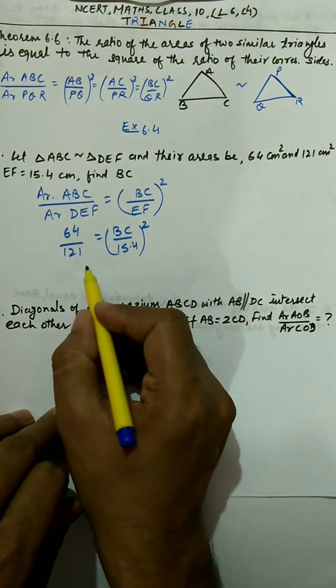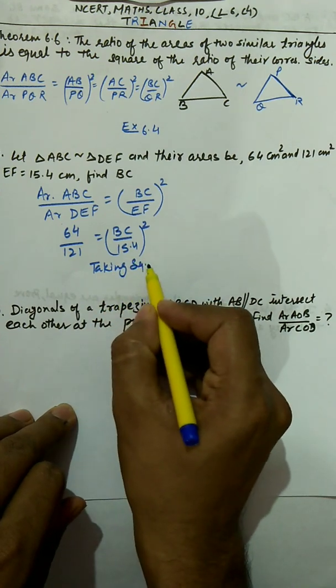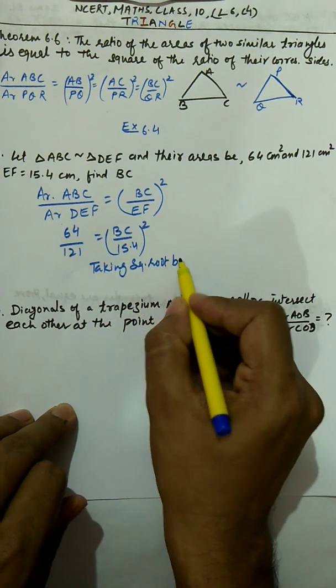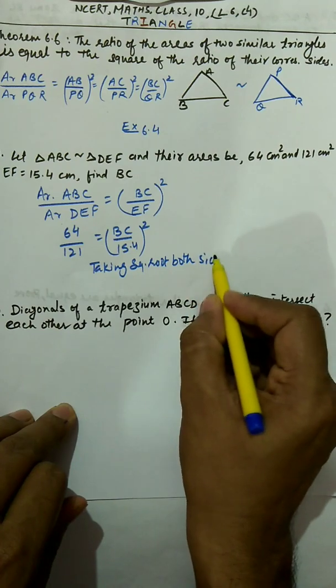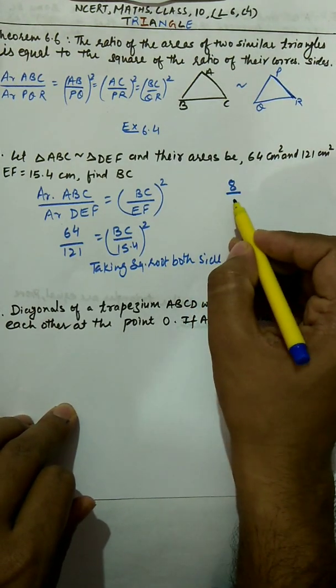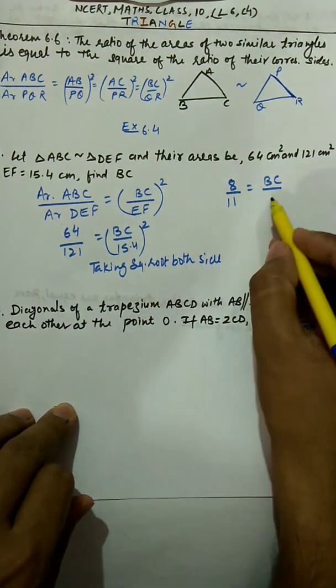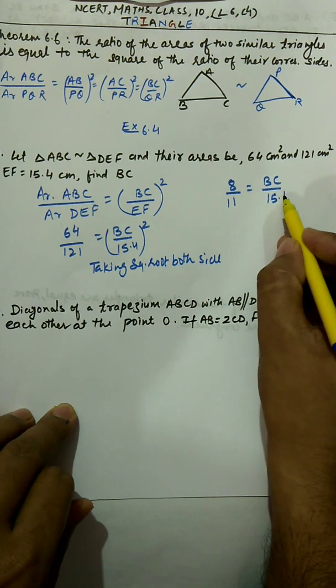Now after this, taking square root both sides, you will be getting that square root of 64 is 8 and of 121 is 11, and here it will be BC, square root and square will get cancelled. This is 15.4.